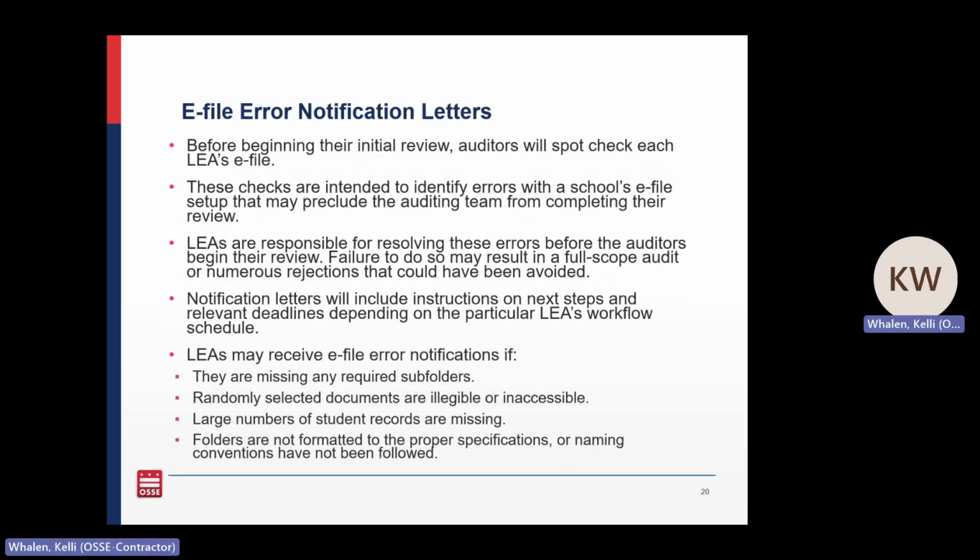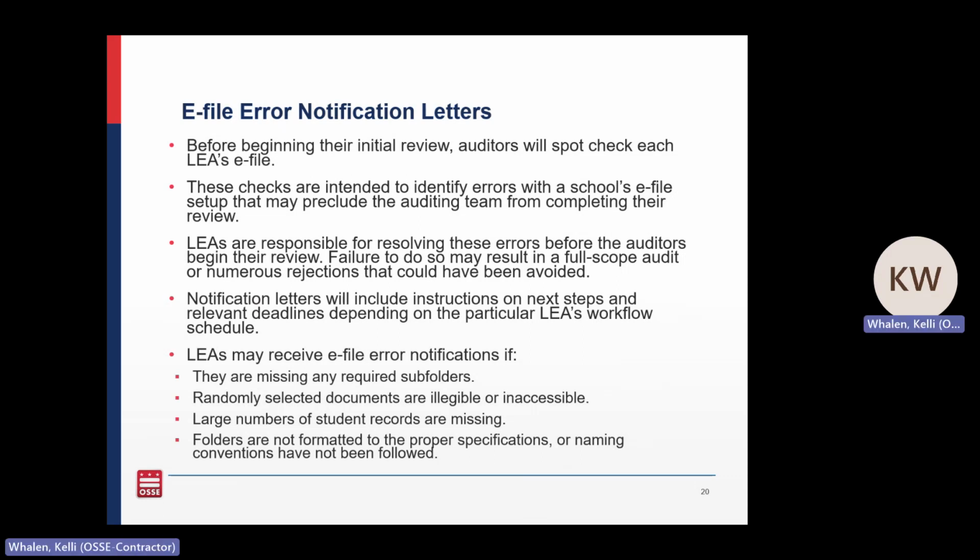Starting last year, we began sending out e-file error notification letters. So before the auditors begin initial review for your LEA, they're going to spot check your box folder. And they're looking for widespread issues or errors with the school's e-file that might make it impossible for them to adequately complete their review.